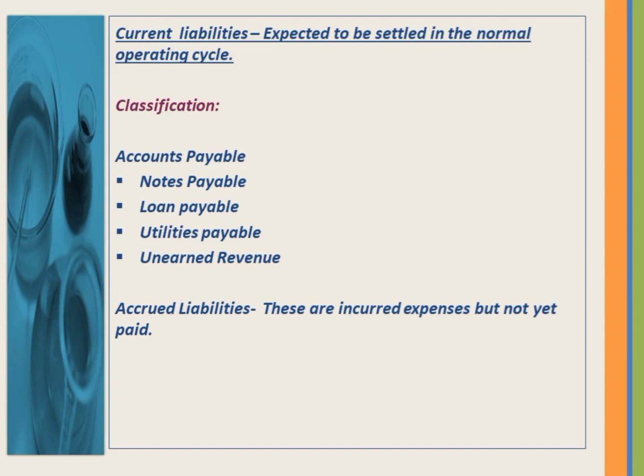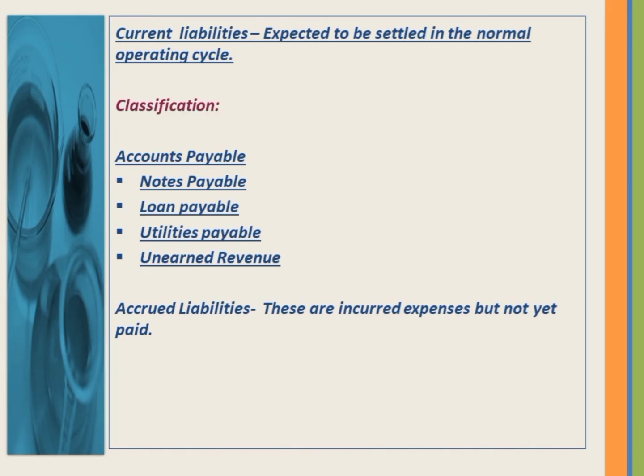While utilities payable are the bills that we receive, like from PLDT, Water District, or Davao Light. So this is our still outstanding obligation. We use the account title utilities payable.